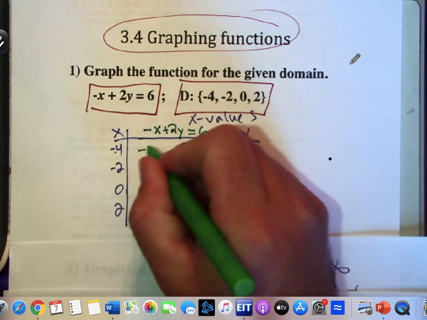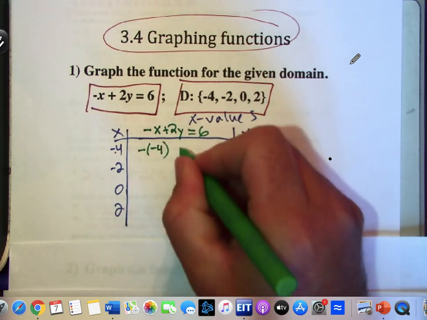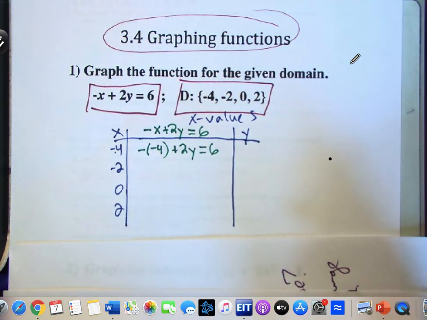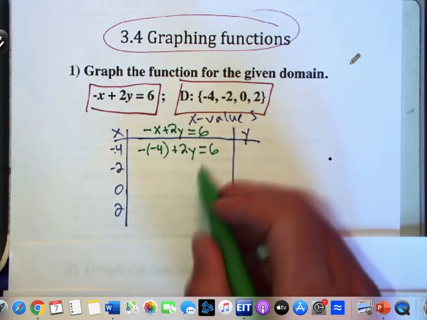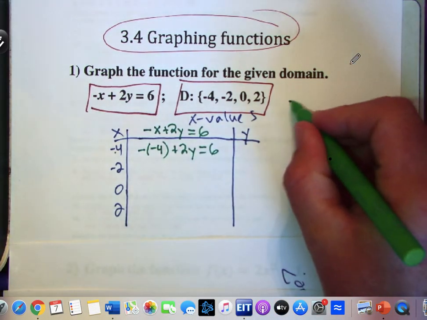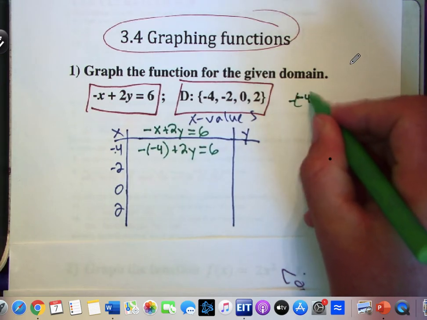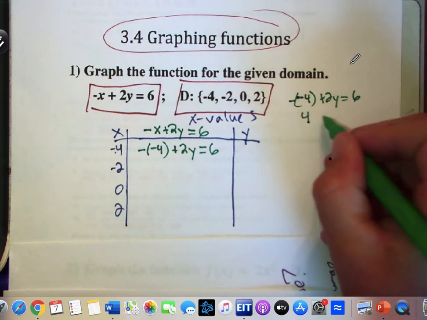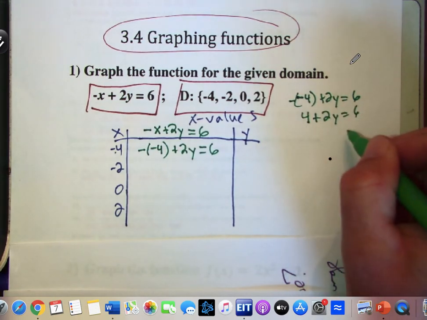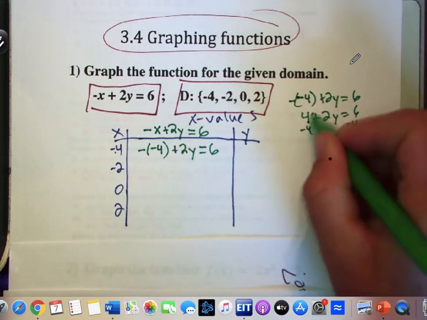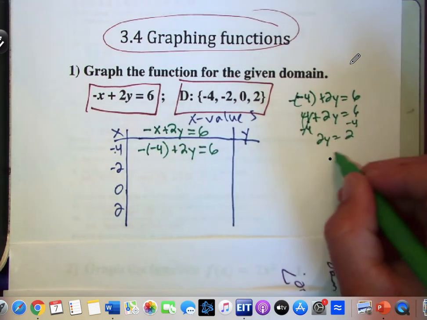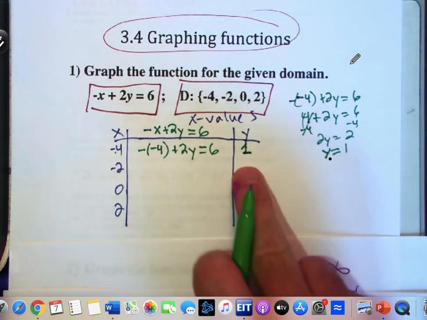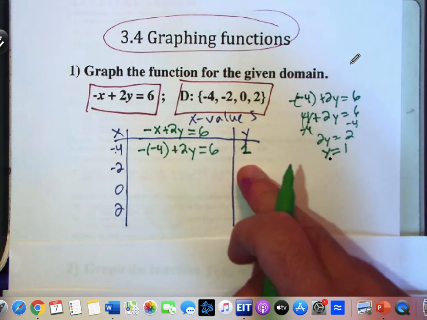So we have -(-4) plus 2y equals 6. -(-4) is +4, plus 2y equals 6. To solve it a little more, 2y equals 2, and then y equals 1. So I found one point, (-4, 1), that I can plot to see what this function looks like.